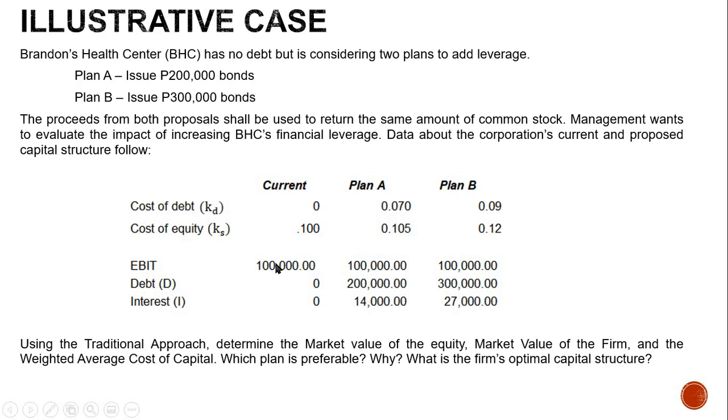And the cost of equity nag-increase siya to 0.12. Okay? Now, yung EBIT in all scenarios, no, in the current, Plan A and Plan B would be at 200,000 lang. Okay? The debt here is 200,000 for Plan A, and for Plan B, that's 300,000. The interest here for Plan A is 14,000, and for Plan B is 27,000.